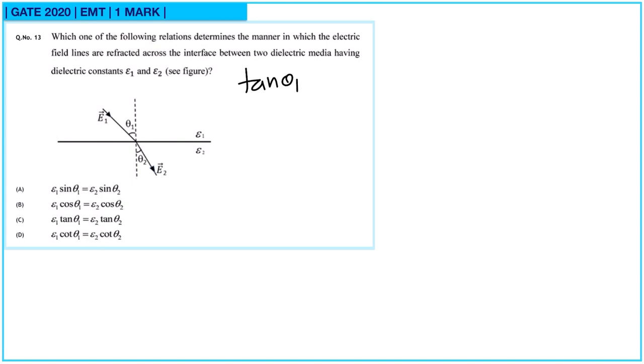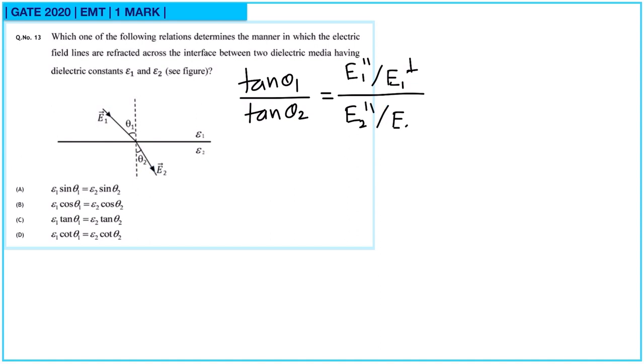Now tan theta 1 upon tan theta 2, this will be equal to, this is parallel upon perpendicular component, so this will be E1 parallel upon E1 perpendicular, and tan theta 2 will be equal to E2 parallel upon E2 perpendicular. Now parallel components are continuous, so we have E1 parallel is equal to E2 parallel. Along the boundary the tangential component is continuous, so this will be equal to E2 perpendicular upon E1 perpendicular.